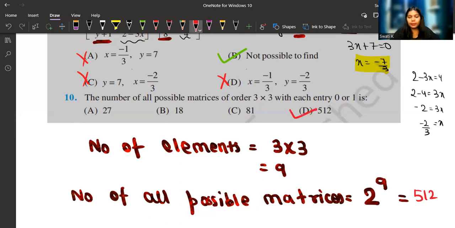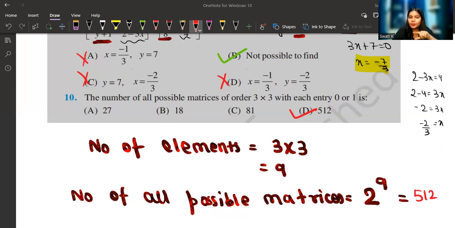Remember, this is like a probability, right? Because you can see that, oh, 512, but yes, 512 is possible because one time 0 will be at the first entry, the next time 0 is at the second entry, maybe 1 is at the third entry. So you can imagine that this question is almost like a probability question.